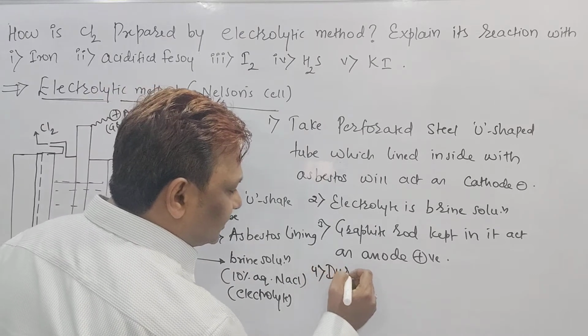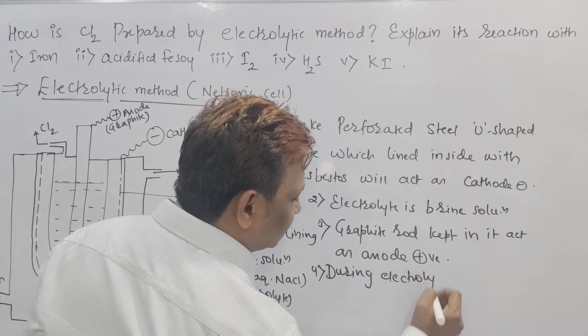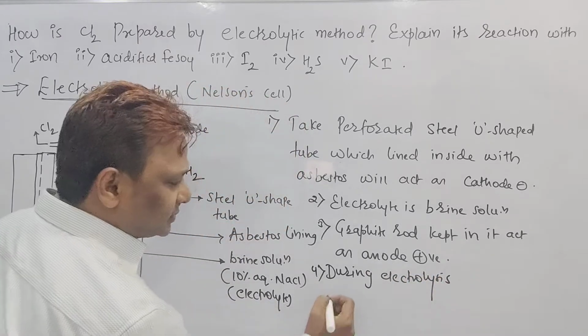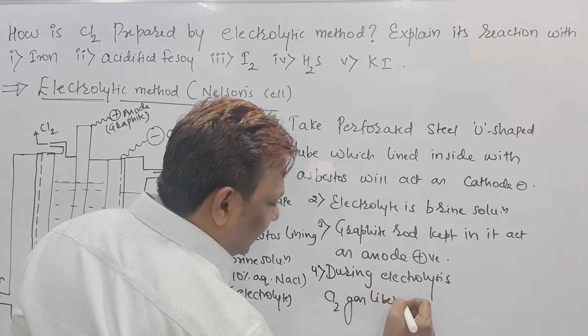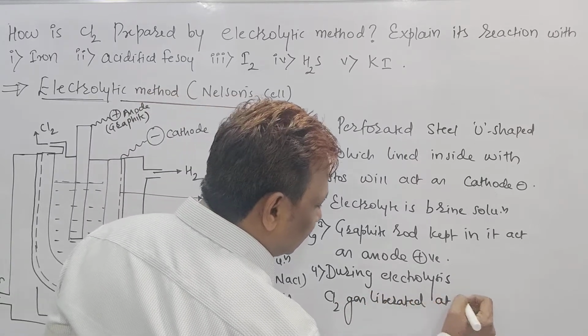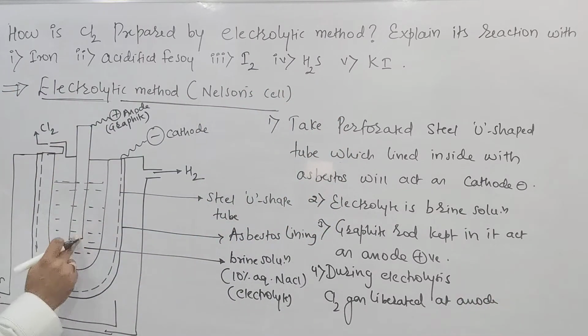Now point number 4: during electrolysis, Cl2 gas is liberated at the anode. See, this rod acts as an anode, so through this anode Cl2 gas is liberated, and this tube itself acts as a cathode.